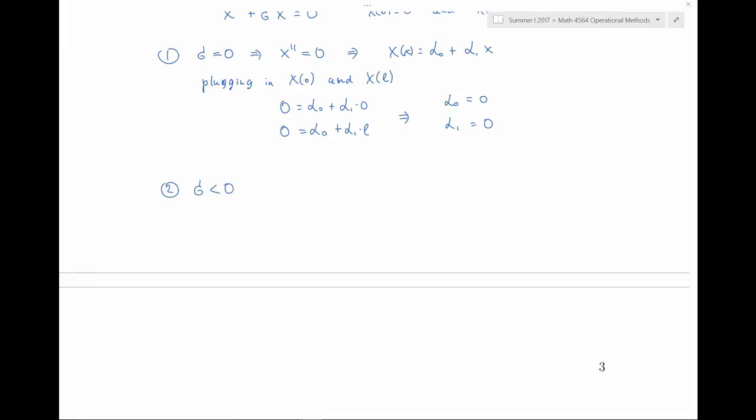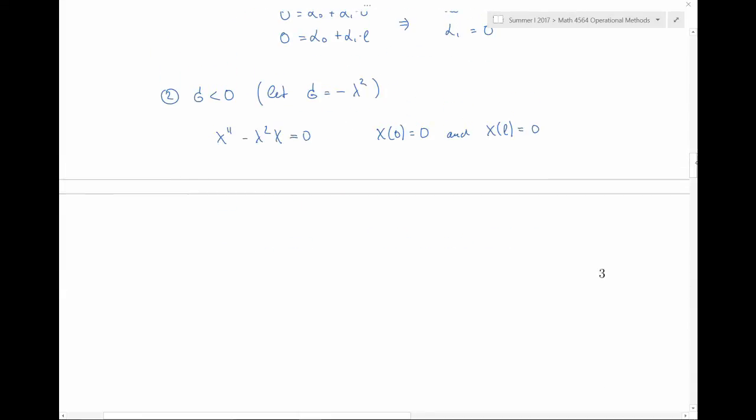Another possibility is when sigma is negative. Because we will have to solve a characteristic equation, I'm going to introduce another variable, a variable lambda, and let's assume that sigma is negative lambda squared. Then we have a differential equation for X that has this form, that X double prime minus lambda squared X should be 0, X of 0 should be 0, and X of L should be 0.